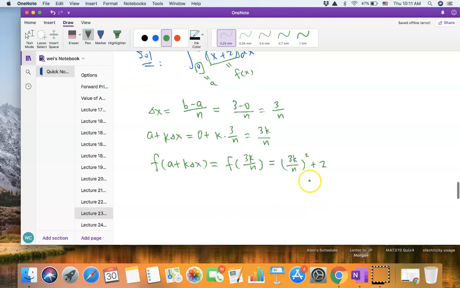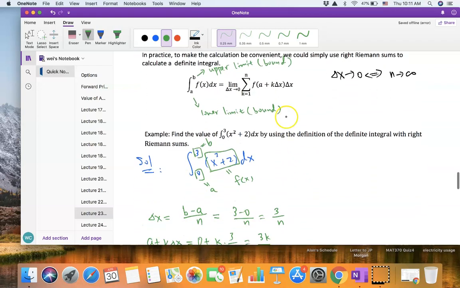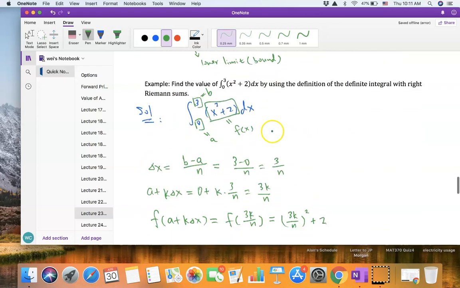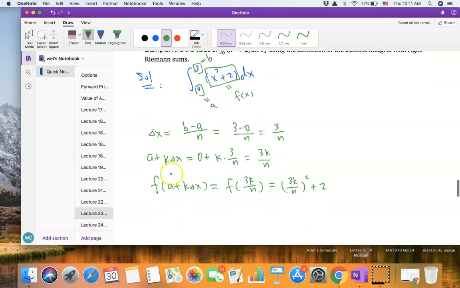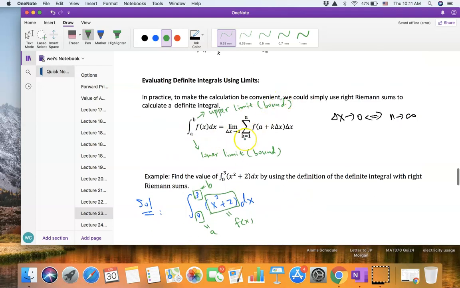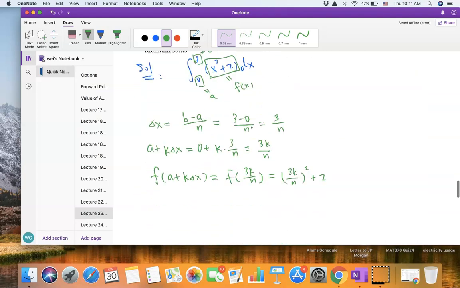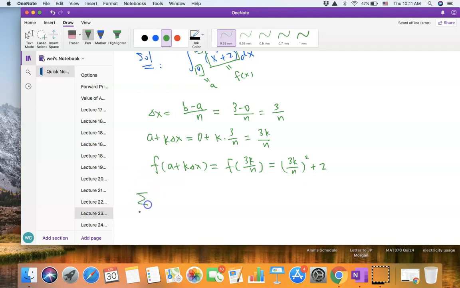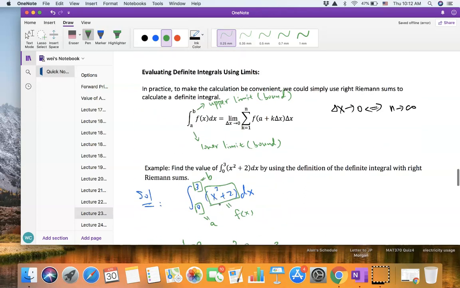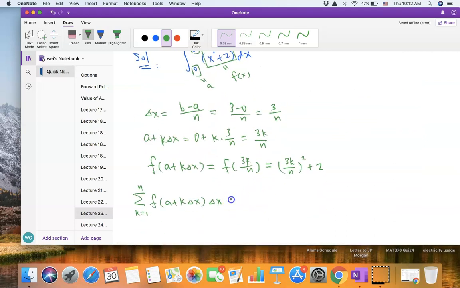All right, so now after we determine these three things, we can write this summation. So the summation k from 1 to n of f of a plus k delta x times delta x will be the summation k from 1 to n.